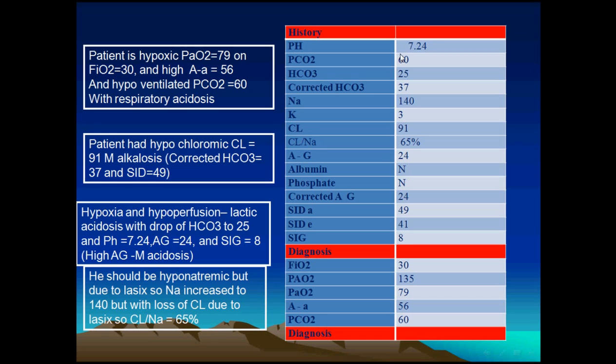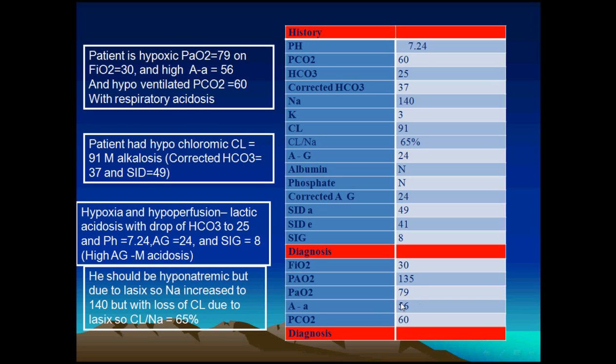But what about the carbon dioxide? The carbon dioxide here is a little bit high. This patient had pleural effusions, heart failure, and interstitial edema, and most probably became hypoventilated. Why? Because for compensation of this bicarbonate of 25, the carbon dioxide should be 40, but it's 60. When you look, the FiO2 was 30, and the alveolar oxygen when you calculate is 135. So the alveolar-arterial gradient was high, and this is an important point.